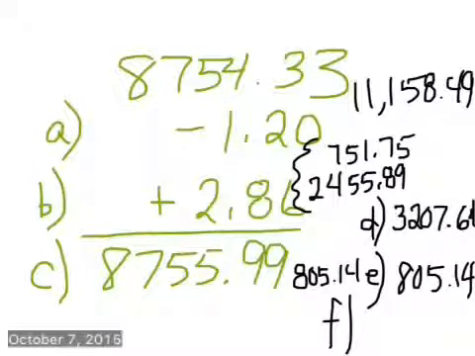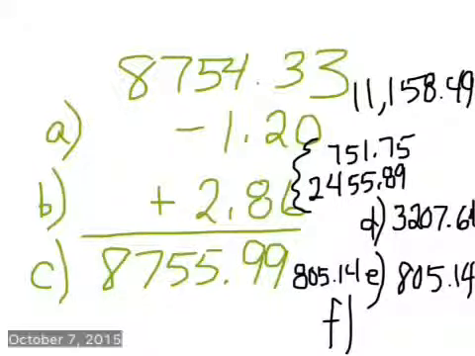Here's what you have to do. For the adjusted balance, you take the statement balance, which was the $11,158.49. You minus out any outstanding checks, so that would be the $32.07 and 64 cents, and you add to it any deposits of $805.14.